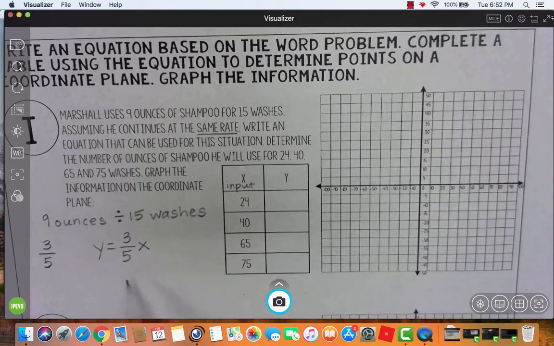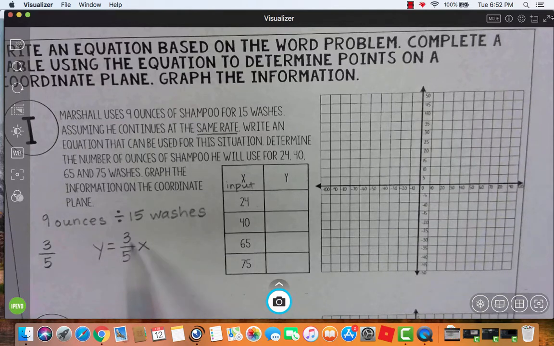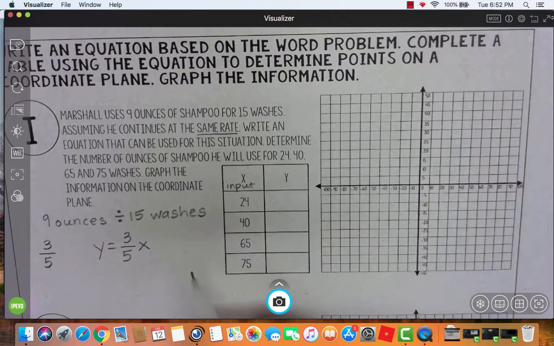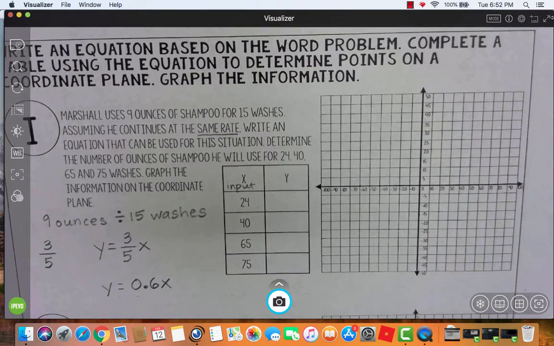Because this is one serving of shampoo, and this is 24 washes. So 3/5 times 24. If you want to stick with the decimals, you can also do this. We came up with 0.6x. Either is fine. I will accept either one.